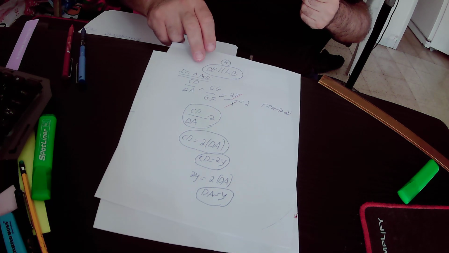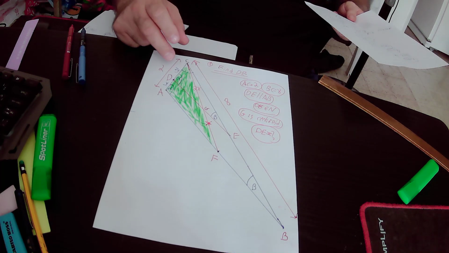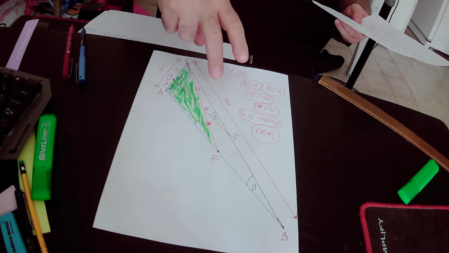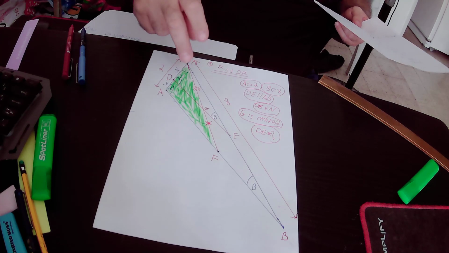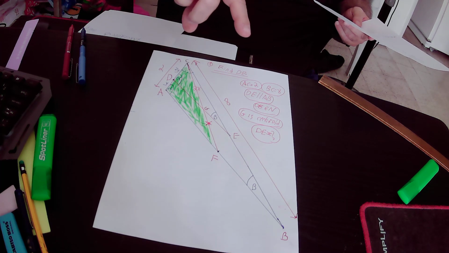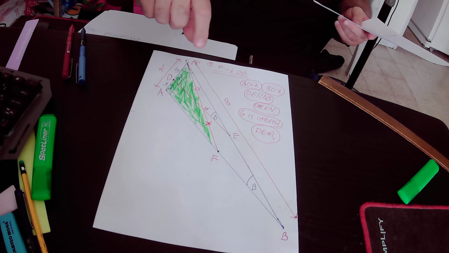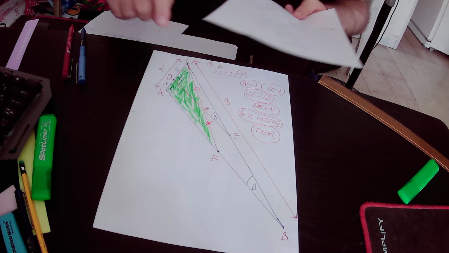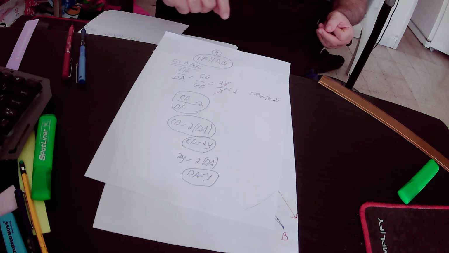So if we relate to the green triangle, triangle ACF, according to rule number 2, CD over DA will be equal to CG over GF.